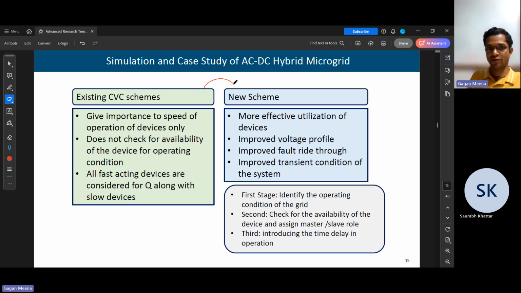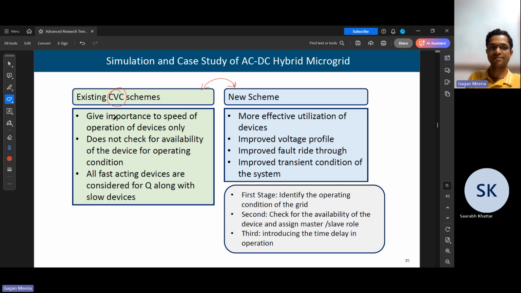So here we saw two different schemes which are used for coordinated voltage control. The existing scheme and the one which is proposed in the lecture have some differences, and the proposed one is able to utilize all the devices more efficiently.